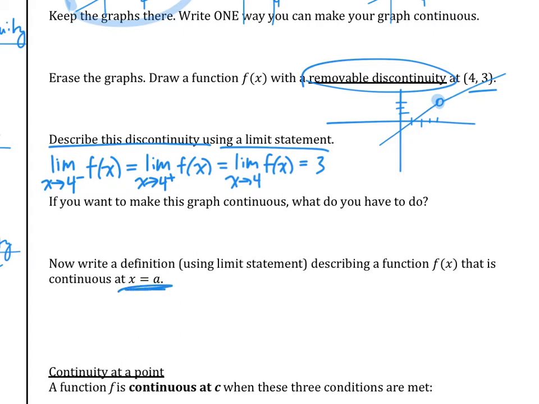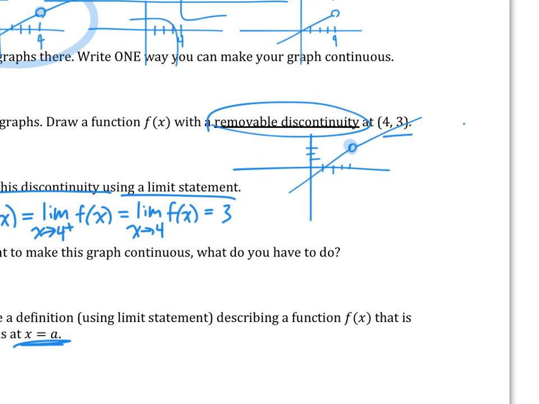at x equals a. So the question is, what is the difference between this graph that had a hole versus this graph that had the hole filled?